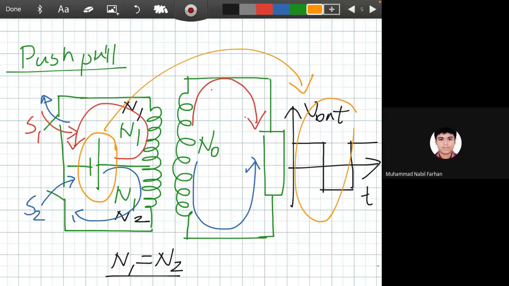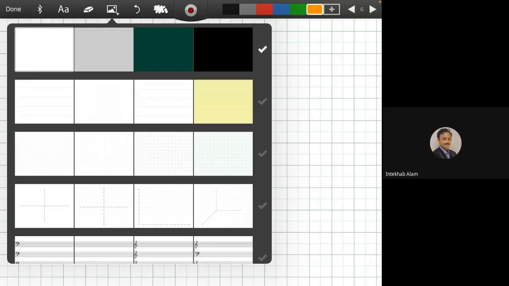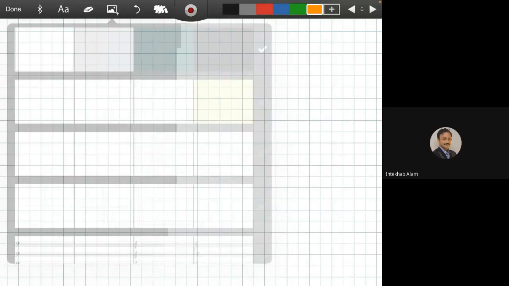No, sir. Okay, so we can proceed. So, what will be the electrical system design for this inverter?